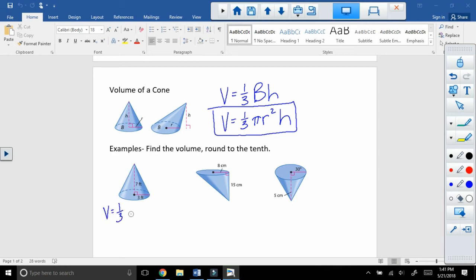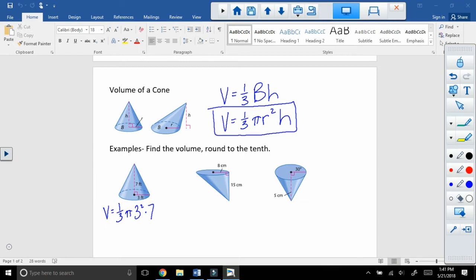So this first one is 1/3 times pi times the radius, and the height is given to me. The height is 7. So I'm just going to type that into the calculator. And the directions say to round to the nearest tenth.